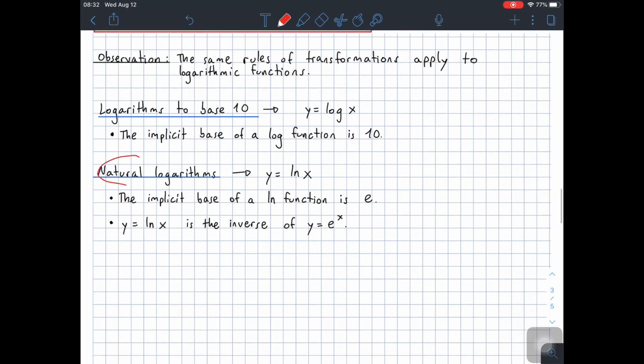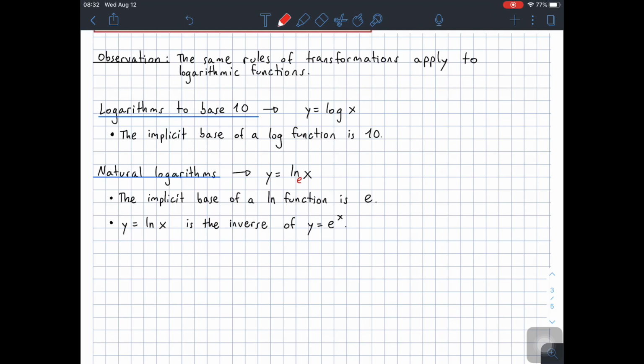Then we have natural logarithms, which is the other type of logarithm. For example, y equals natural logarithm of x. Whenever we see ln instead of log, we're talking about the natural logarithm, which basically is the same function, but it changes the implicit base. Instead of an implicit base of 10, whenever we see natural logarithm, the implicit base is e, okay?